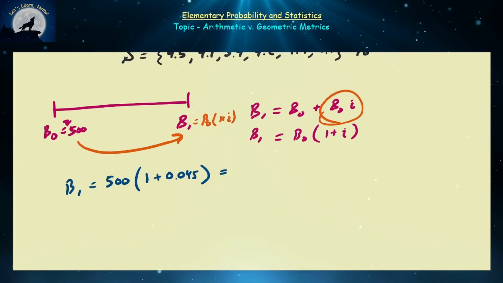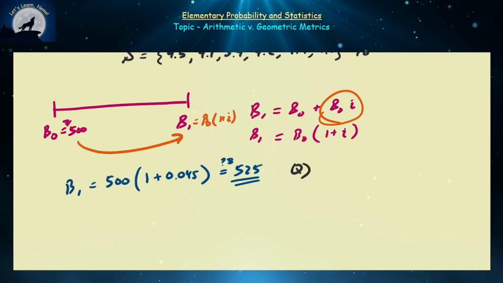Let's call it like $525. I know that's not right, but it's going to be something bigger than 500. So we can go from B0 to B1 by adding money, in particular some percentage of the original balance, or we can find it by a multiplicative process.